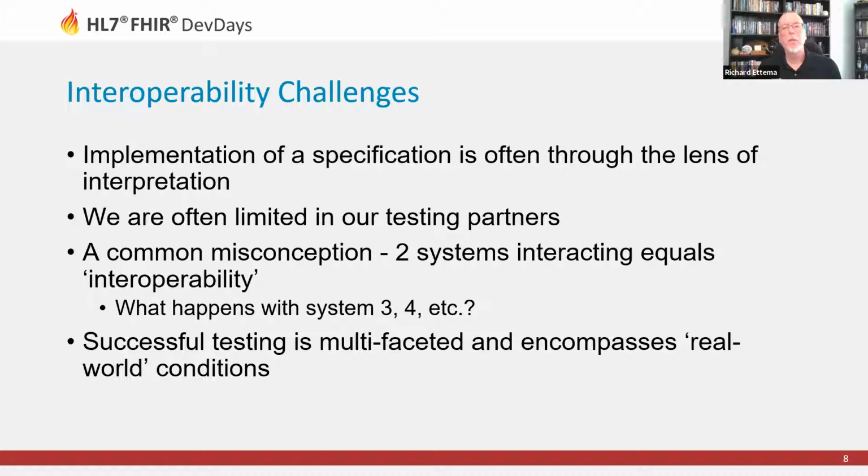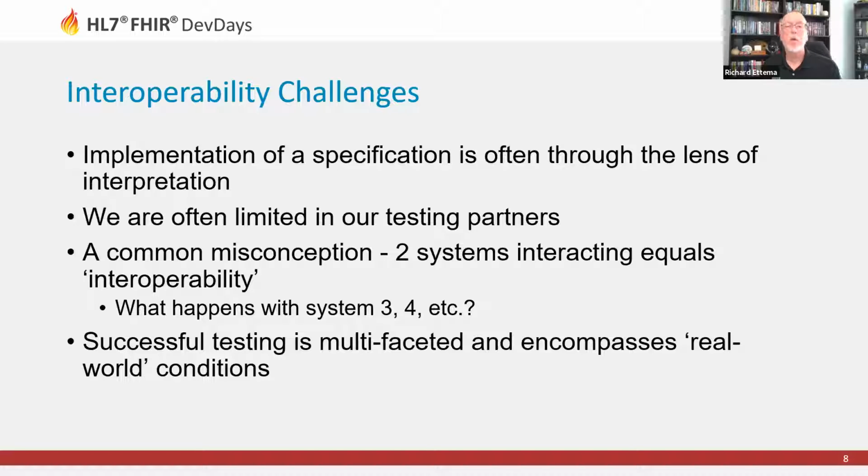Another common misconception is, again, when we get back to limited testing partners: if I have two systems interacting and they interact well, does that mean they're fully interoperable? Well, between the two of them, sure. Well, what happens when I introduce system 3 and 4 and 5 and so on?